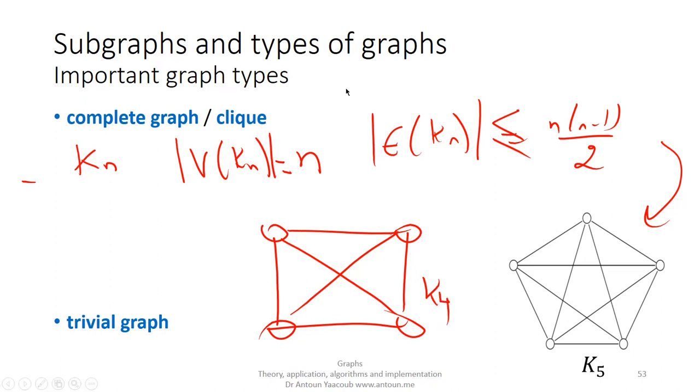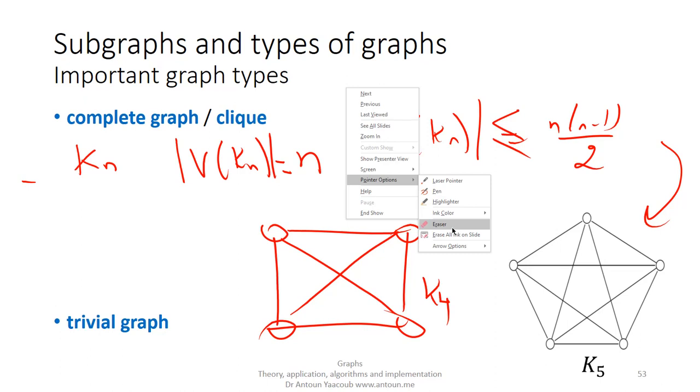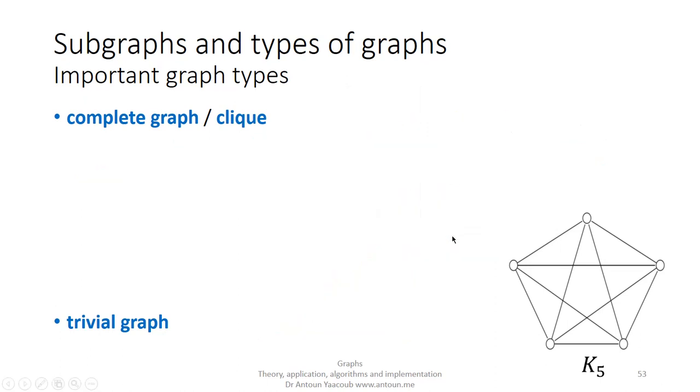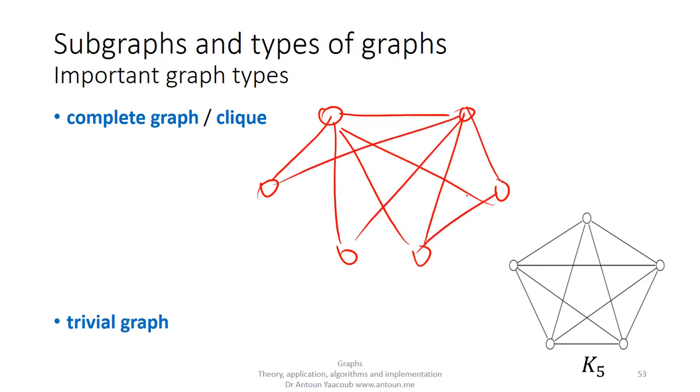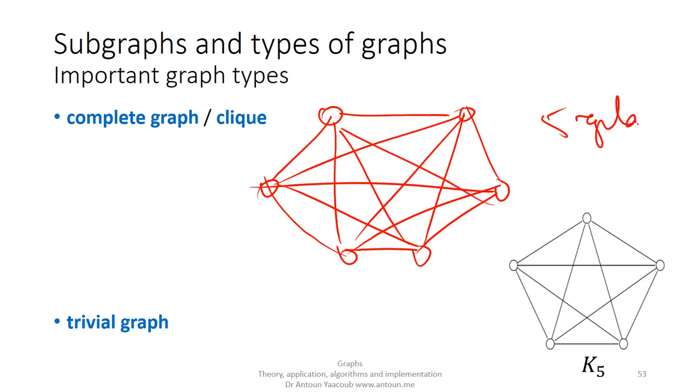Let me give you another example. I will not draw K6, it's too much. Actually, let's draw K6. K6 means I have 6 vertices, and they are all adjacent. So this is K6, and as you can see, K6 is 5-regular because each vertex is of degree 5.